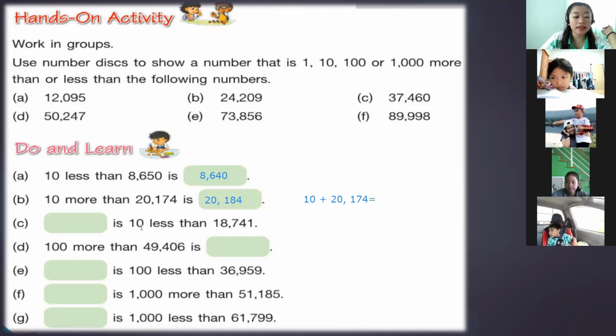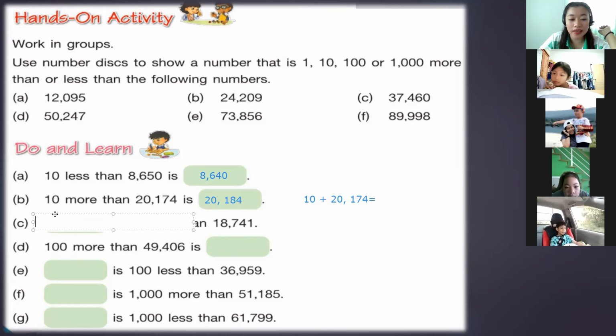Okay, so next is letter C. Blank is 10 less than 18,741. We're going to find what number is 10 less than 18,741.